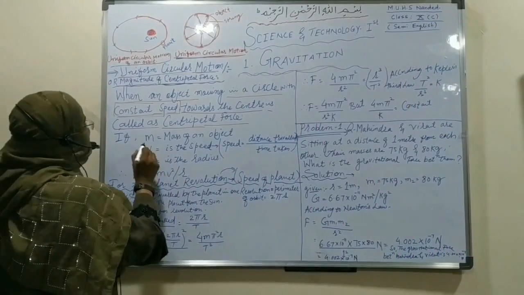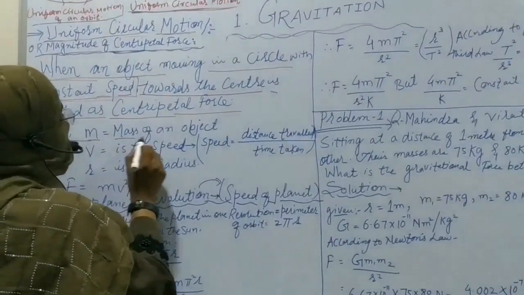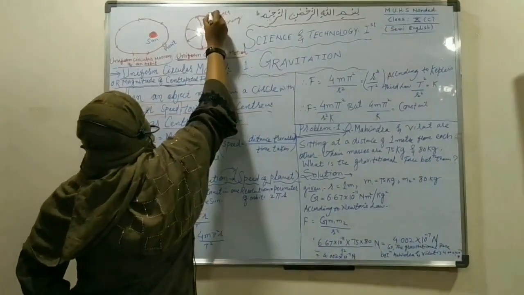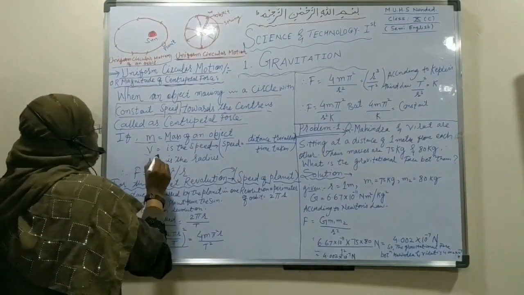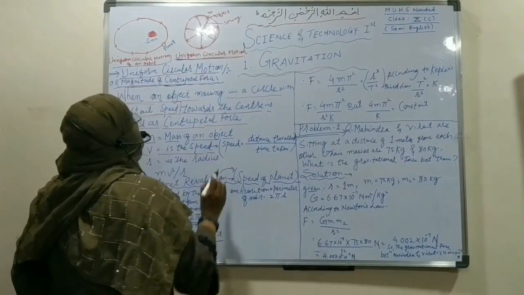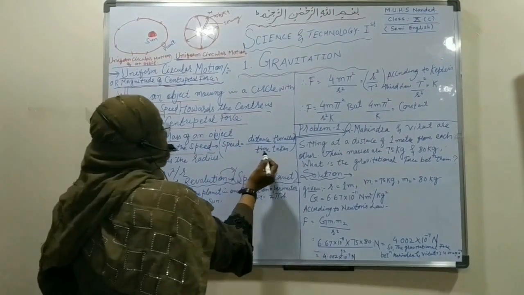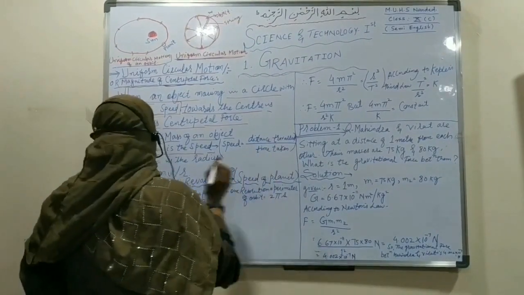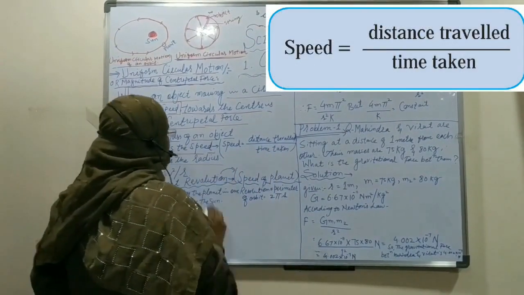Here, m is the mass of the object, v is the speed, the distance traveled divided by the time taken, and r is the radius.